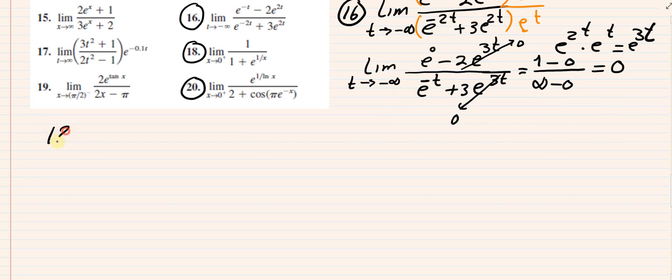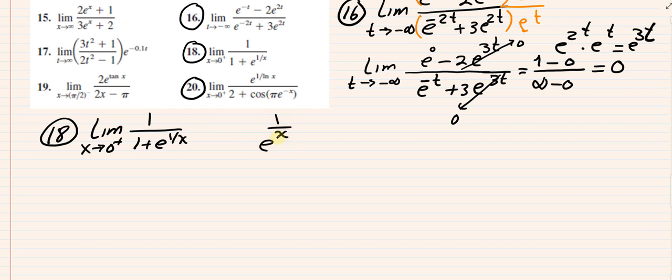Let's take a look at the limit in number 18. The limit as x approaches 0 from the right of 1 over 1 plus e to 1 over x. Now, let's look at the behavior of e to 1 over x as x approaches 0.